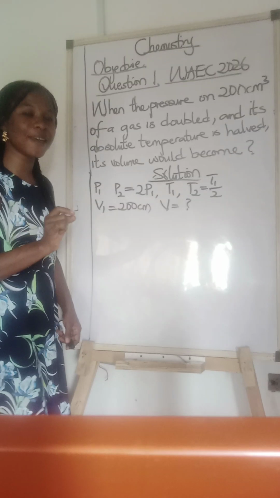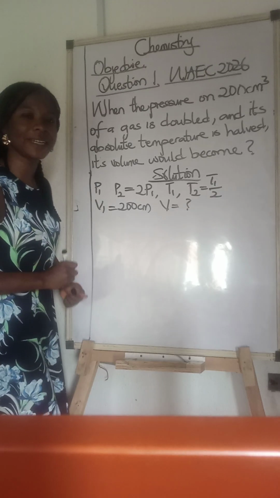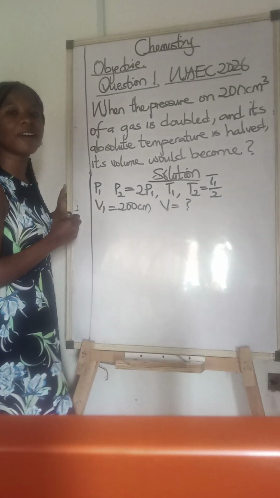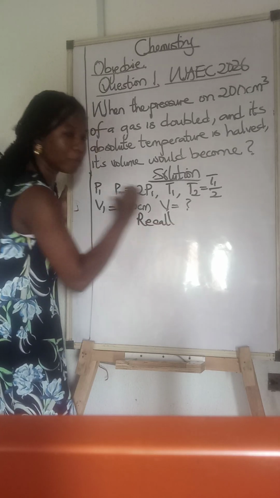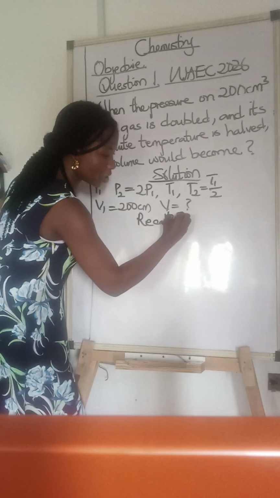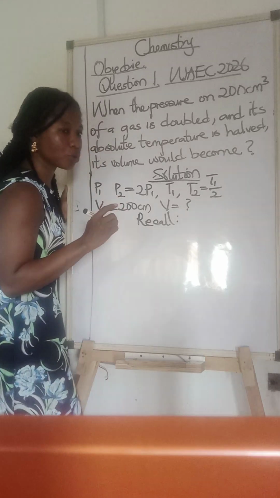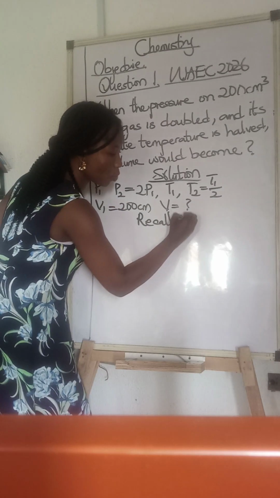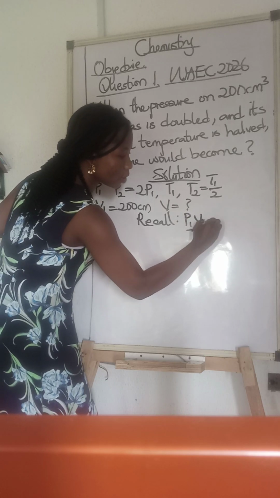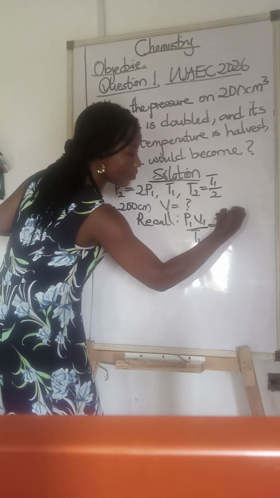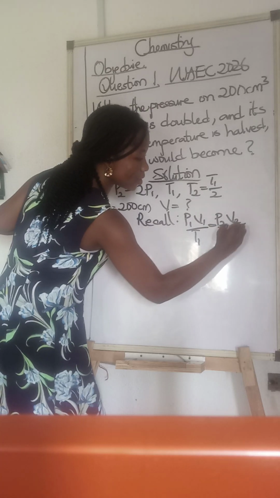So when you see such a question that has parameters as pressure, temperature, or volume, as a scientist, as a chemist, immediately what comes to your mind is the general gas formula. Let's recall it. If you don't remember it, when I mention it now, you are going to get it. So we have P1 V1 over T1 equals P2 V2 over T2.